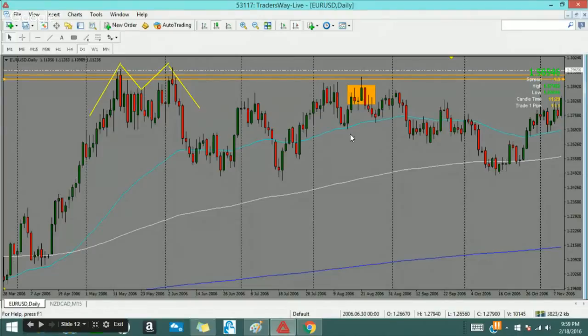All right, now look, it came back up to the line you drew before, where that M formation was made, and it wicked it. That's resistance. The reason it wicked it is because it did not want to release the traders that were stuck at the M formation.